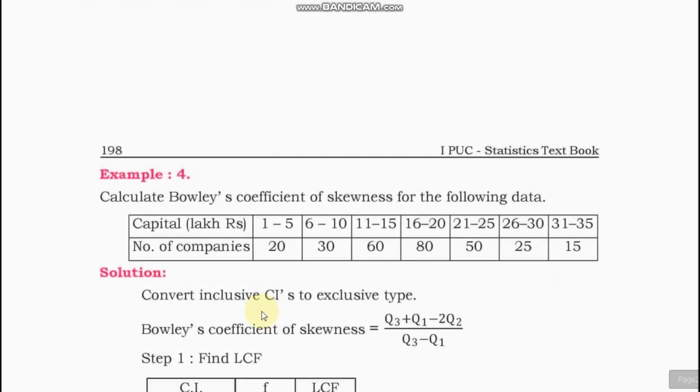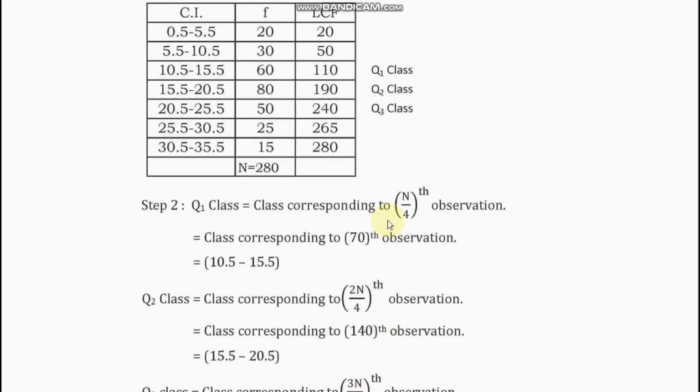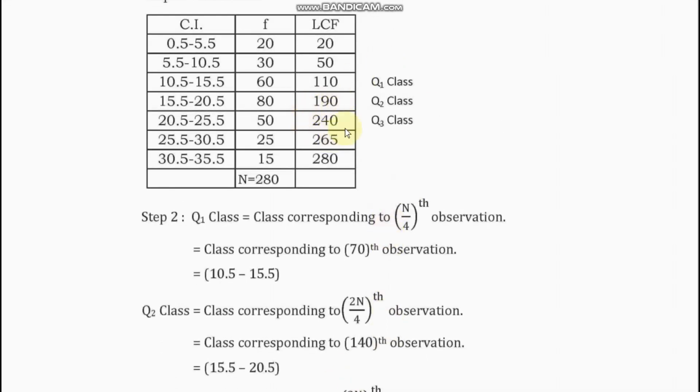Similarly, we have the Q3 class. The Q3 class is the class corresponding to 3 into n by 4. That is 280 into 3 divided by 4, 840 divided by 4, which is 210. We have to locate that 210 in the cumulative frequency. 240 is the next highest value than 210, and the class corresponding to it is 20.5 to 25.5.